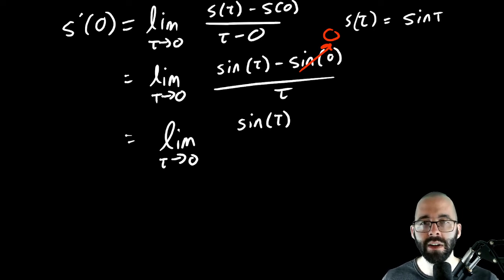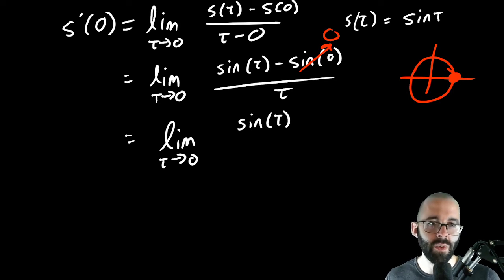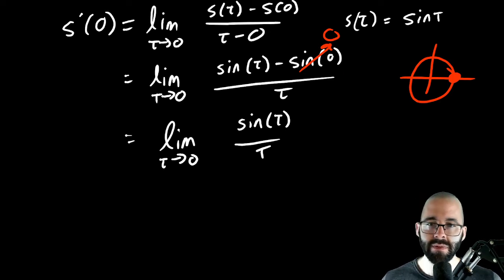Sine is the y-coordinate on a unit circle with 0 degrees, or 0 radians, rather, is this point on the unit circle. What's the y-coordinate here? Y-coordinate at this point is 0. And we get this. And this is not an easy limit to solve.